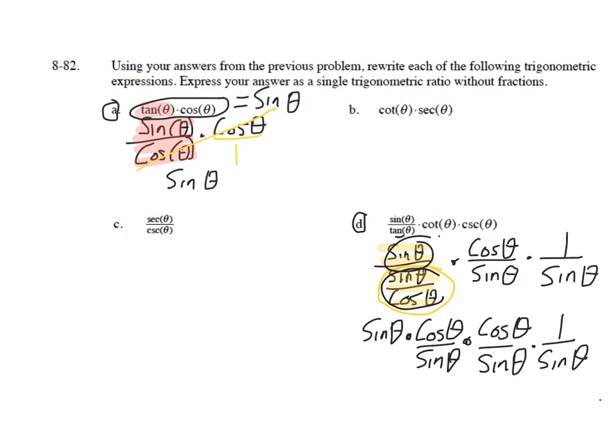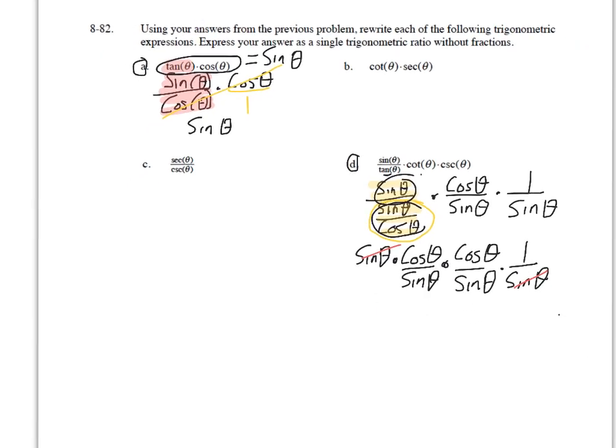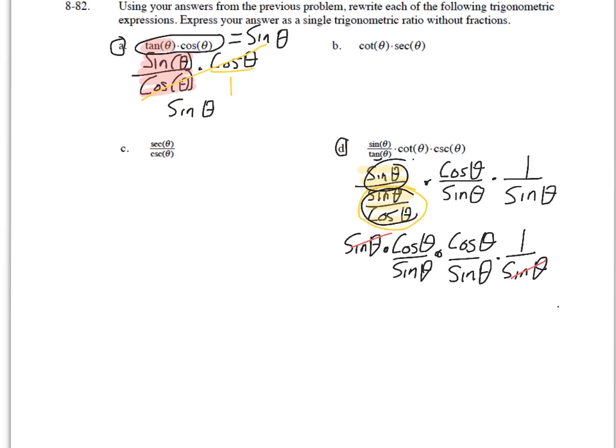Now as I'm looking at this, there's a few things that can cancel. The sine of theta can cancel and the sine of theta can cancel. That leaves me with cosine times cosine. We're going to call that cosine squared theta over sine theta squared.